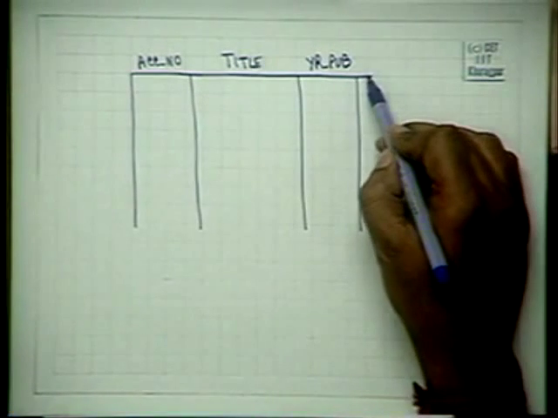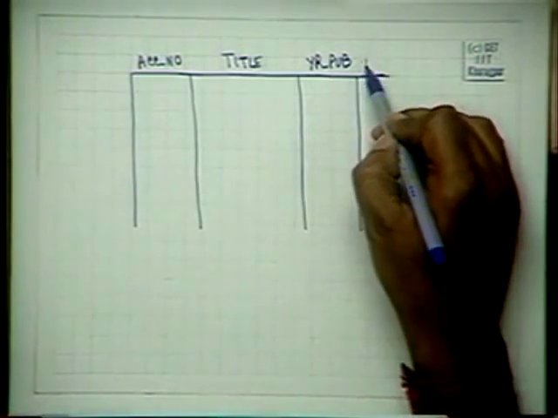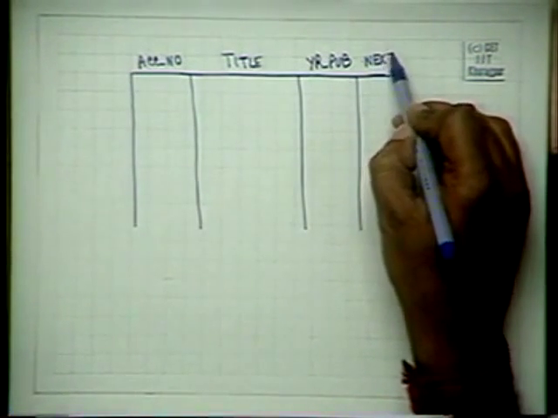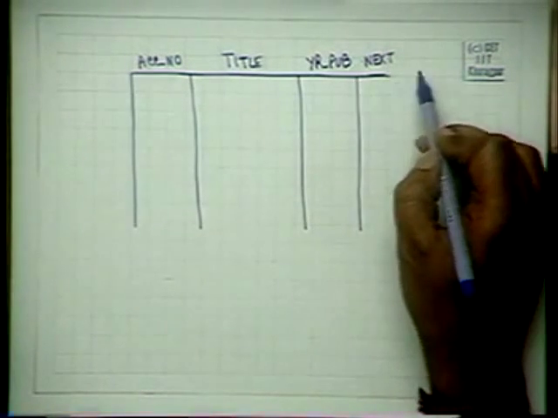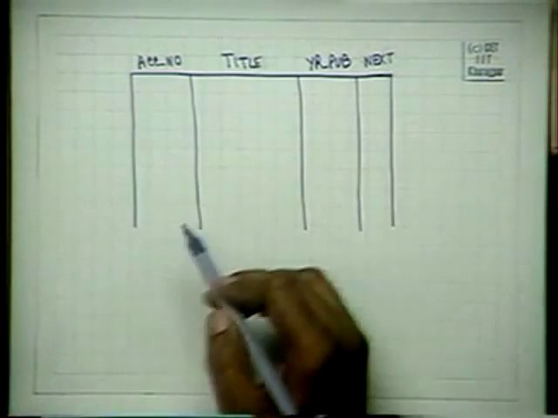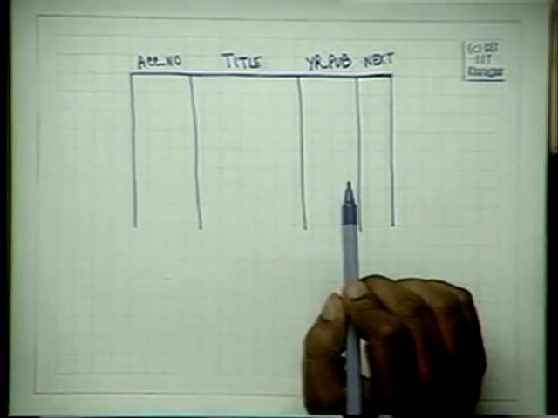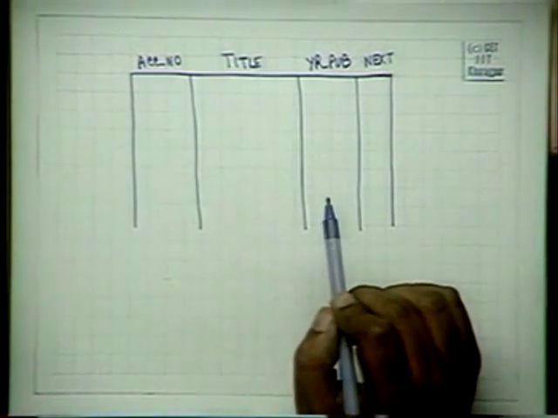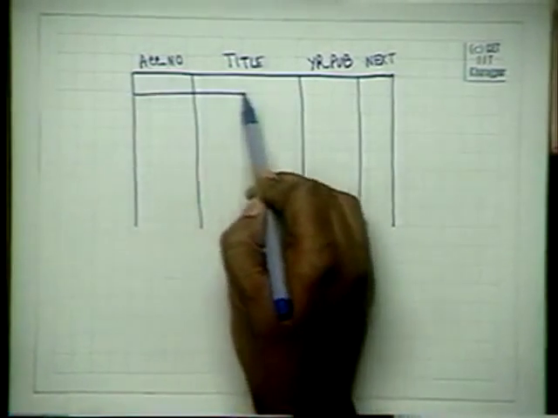Other than this, we will maintain another one called the next. This next will tell us which is the next sequential block, which is the next sequential element in the block.